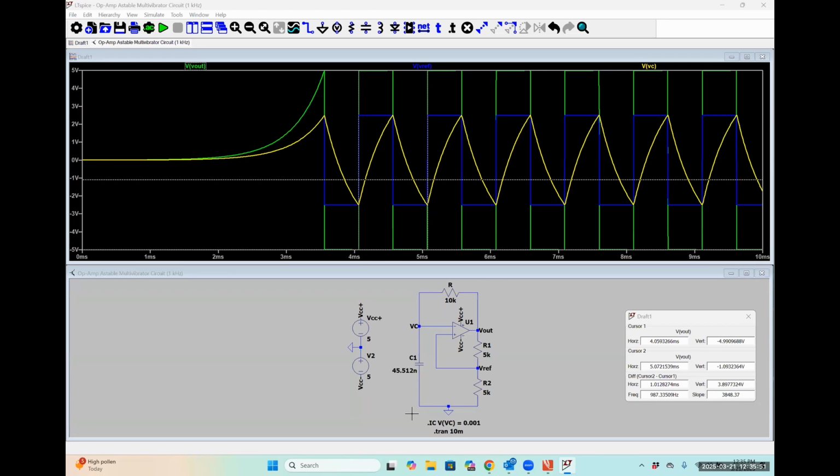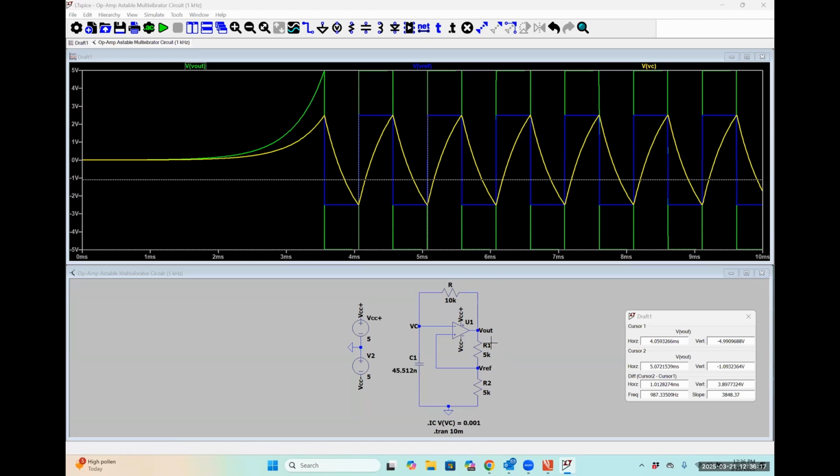So if we look at this circuit, we're going to start from a place where our output voltage is at VCC high, which in turn means that our reference voltage is going to be exactly 1/2 of VCC high because it's split over that simple voltage divider network on the right-hand side.